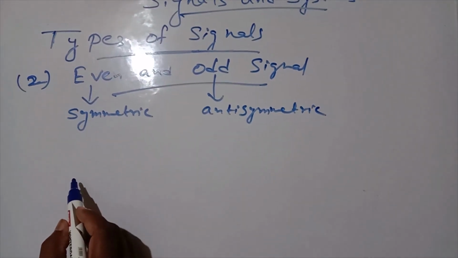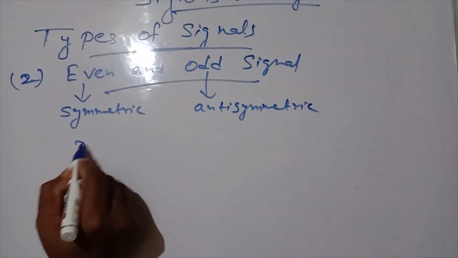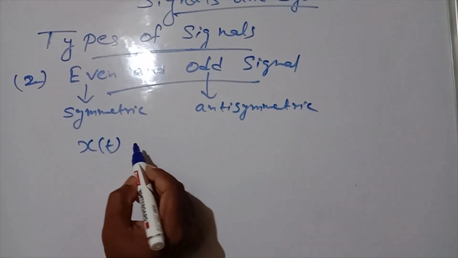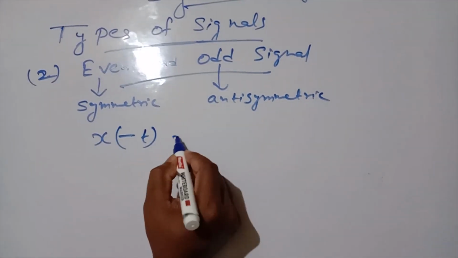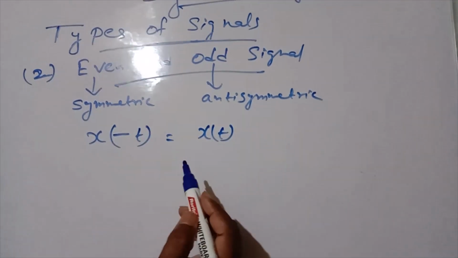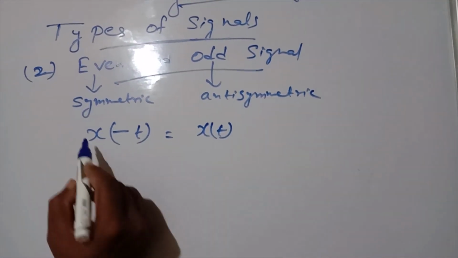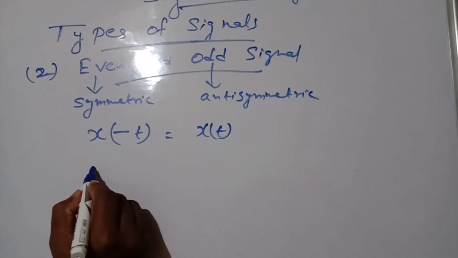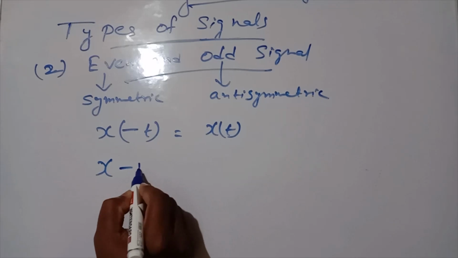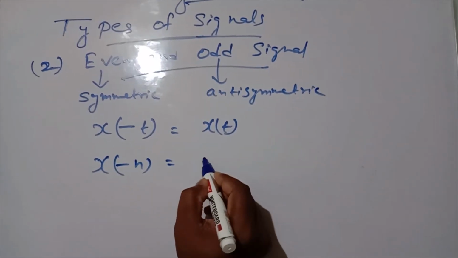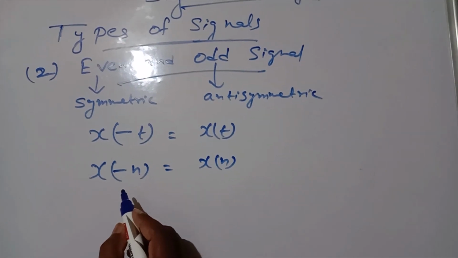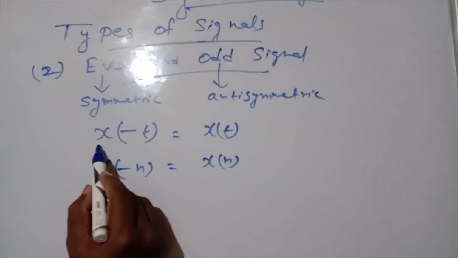Basically, a continuous time signal x of t is said to be even or symmetric if and only if x of minus t is equal to x of t. In the same way for a discrete time signal, if x of minus n gives x of n, then the signal will be even or symmetric.